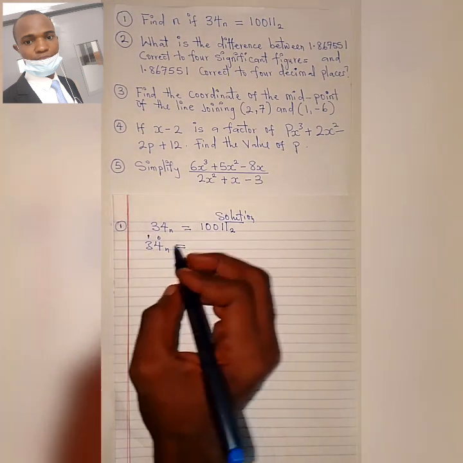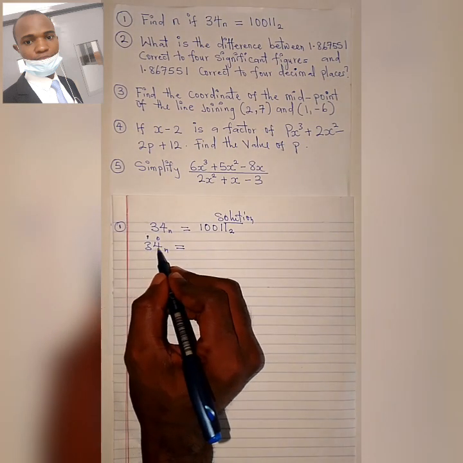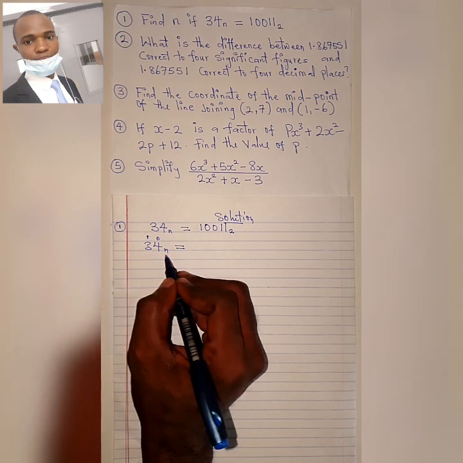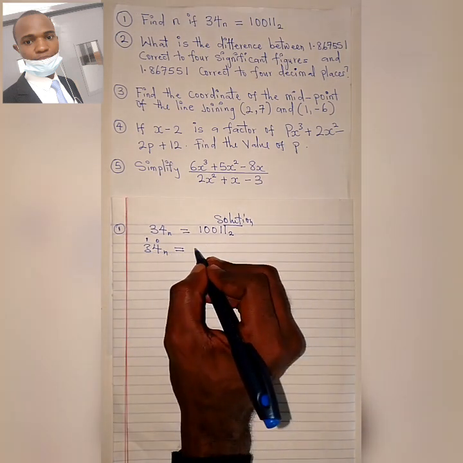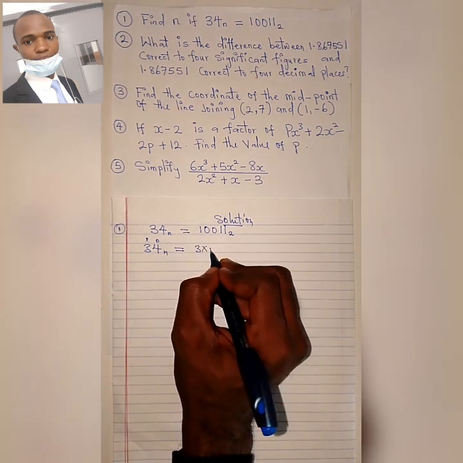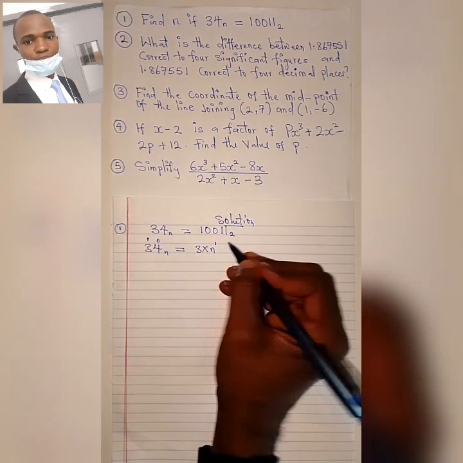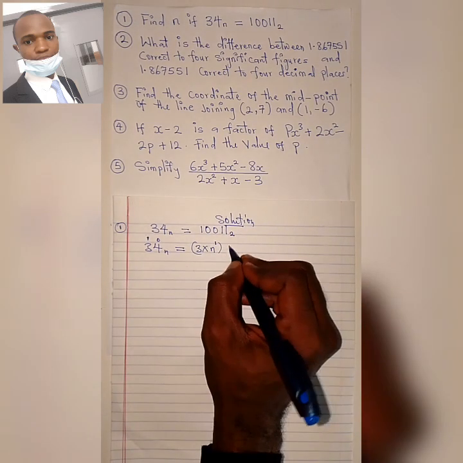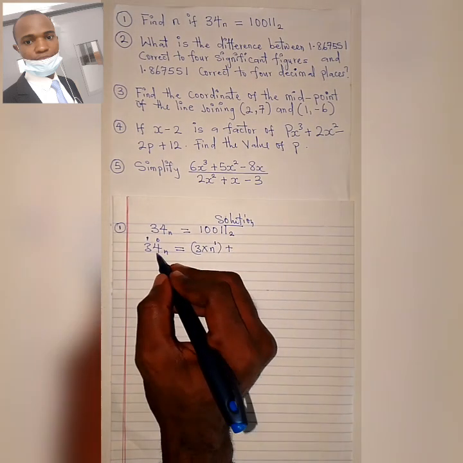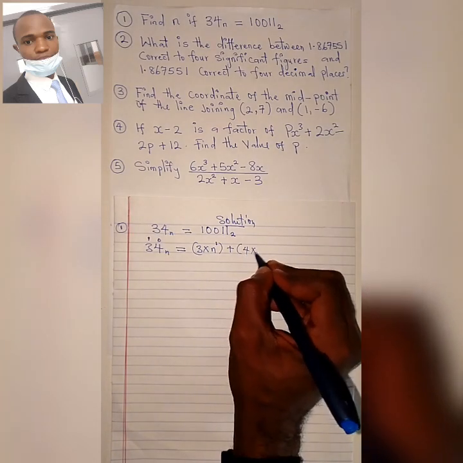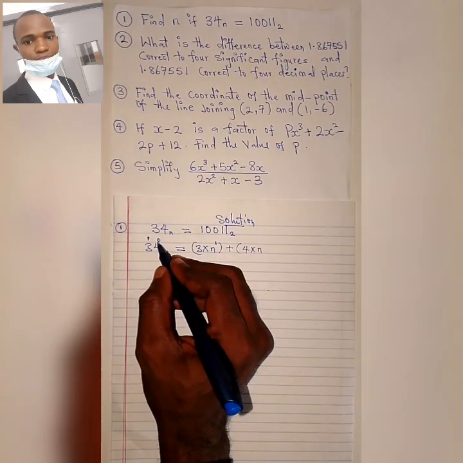Now the next thing you are going to do is to multiply each of these digits by the base. The base of this 34 is n. So I'm going to multiply 3 times n raised to the power of 1, then plus 4 times n raised to the power of 0.